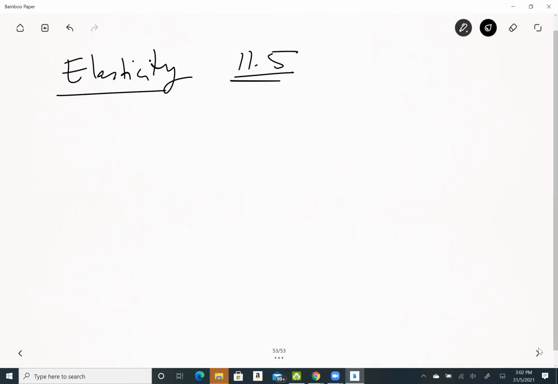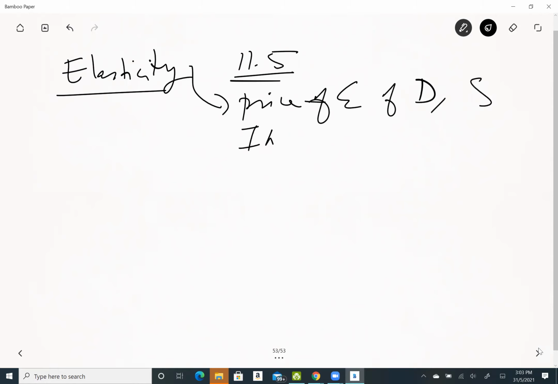You see there, you have elasticity of demand. So there is only one elasticity that we are looking at. Of course, if you look at economic elasticity, there are so many. You have the price elasticity of demand, the price elasticity of supply, the income elasticity of demand, supply, things like that.